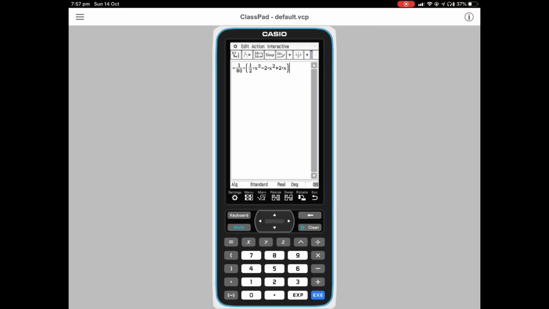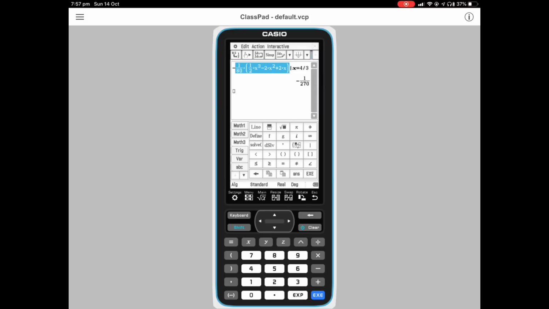Given x equals 4 divided by 3. But it wants an acute angle. Hang on. I want dy/dx.